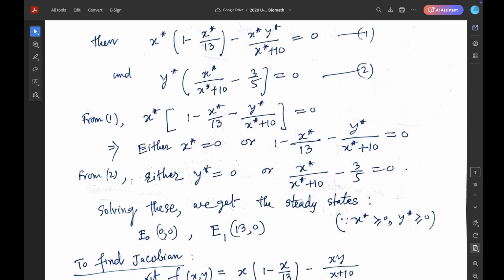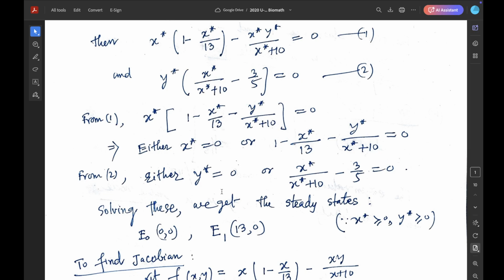Solving these, when x star equal to 0, then y star equal to 0, so we get the trivial equilibrium point E0 equal to (0, 0), and x star, y star are all non-negative quantities for feasibility of biomathematics.